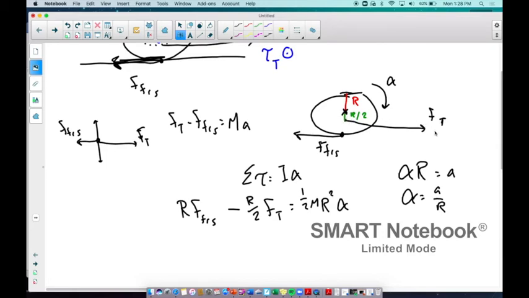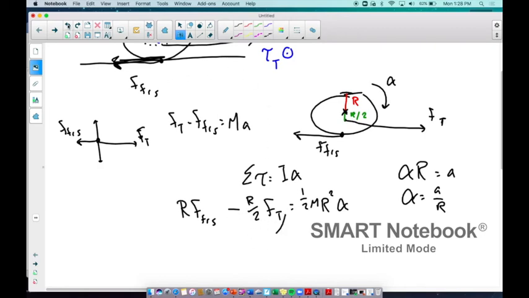This is contributing a negative torque, because if you use the right hand rule, it's pointing the opposite way. Or if you just think that this force is supplying a torque that is accelerating the thing, and this one is supplying a torque that is opposing that. So we have to count it as negative.